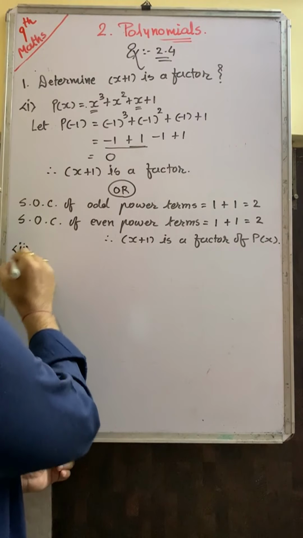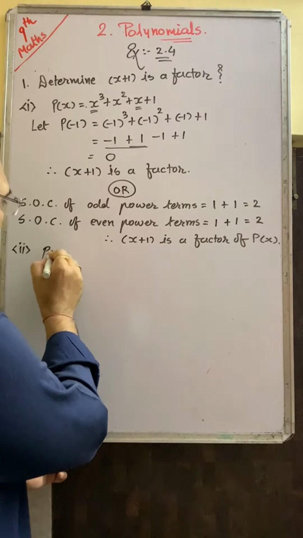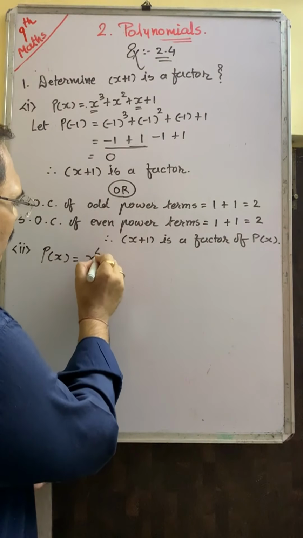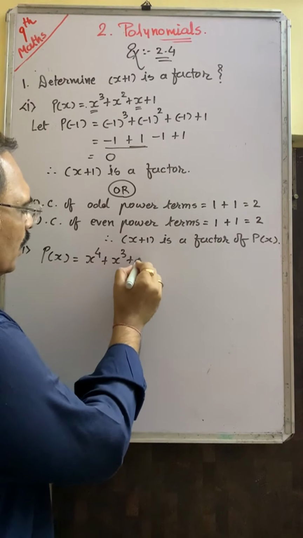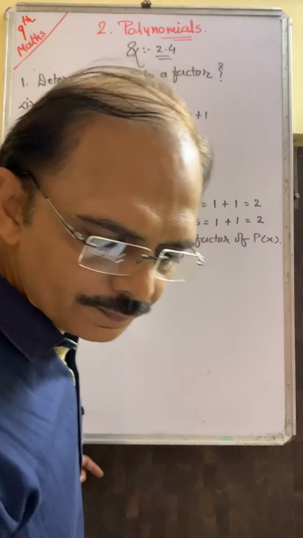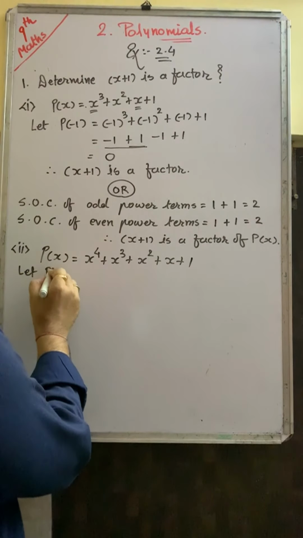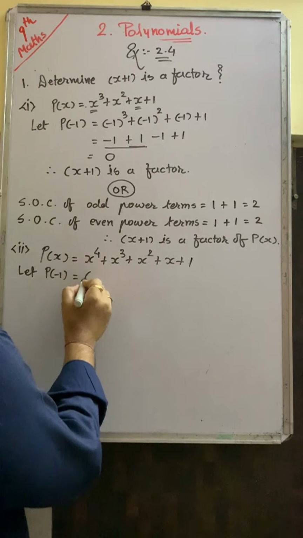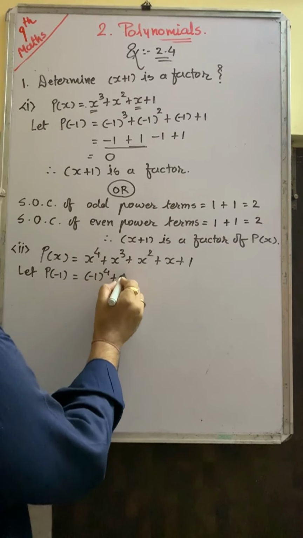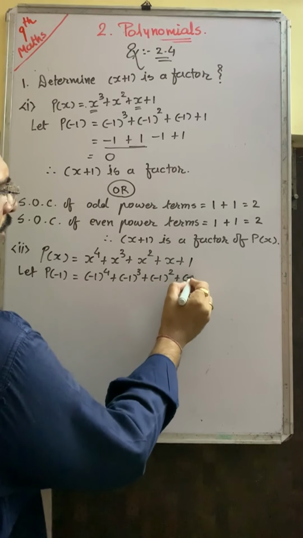Second, p of x equals x raised to 4 plus x cube plus x square plus x plus 1. Let us again take p of minus 1, placing the value x as minus 1. Wherever there is x, place minus 1.